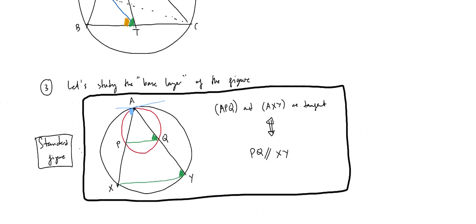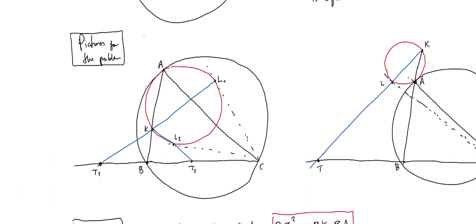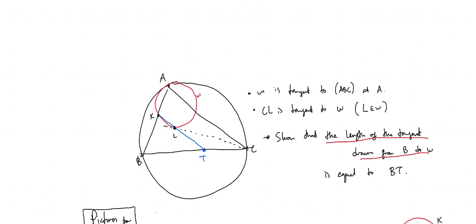In general, we have such a fact: APQ and AXY are tangent if and only if PQ and XY are parallel. And the proof of this fact is through drawing this common tangent line. Then I can come and use this fact here. And when I use it now, I don't have to draw the common tangent line. You see, what is the purpose of this? I don't complicate the figure.